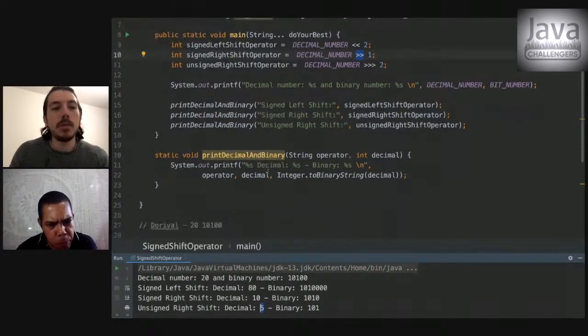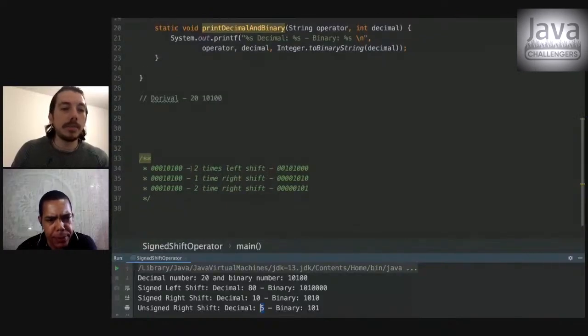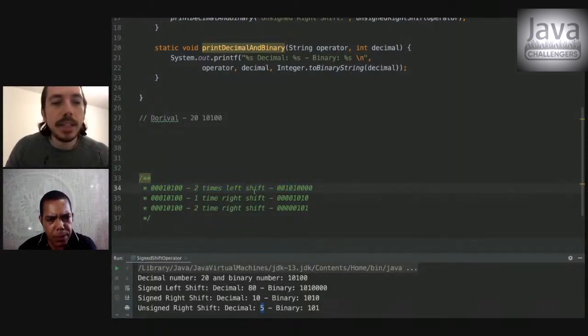So I wrote an explanation here just to make it clearer. For the left shift operator, this is the binary number, and as you can see, 101 is here, and if it goes to the left, it's going to be here. If we use 2 left shifts, we're going to have exactly the number that we had in the first operation.